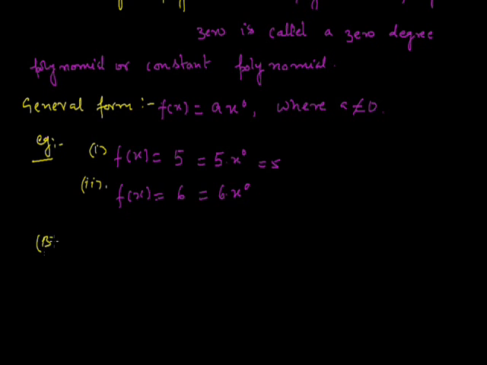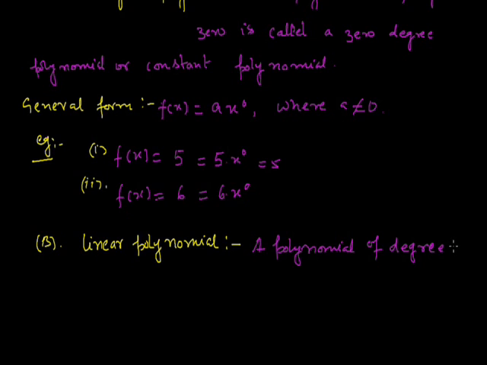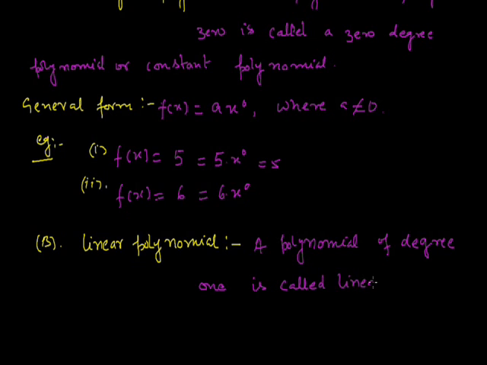Second one is linear polynomial. A polynomial of degree 1 is called a linear polynomial.